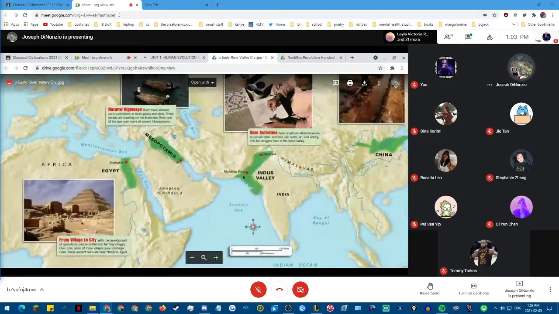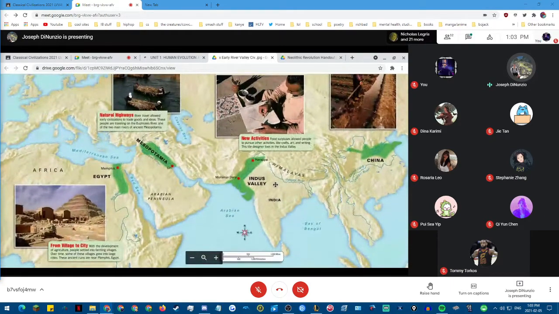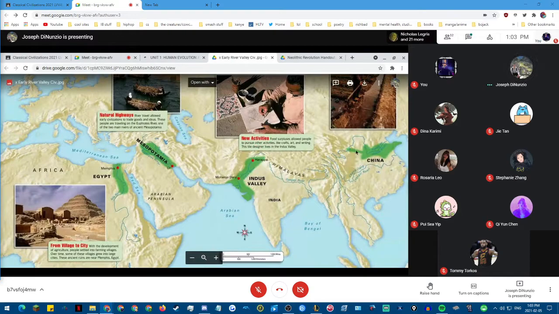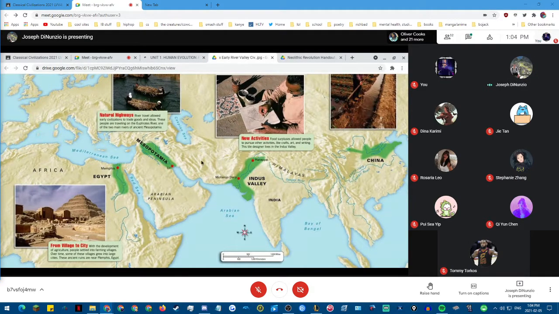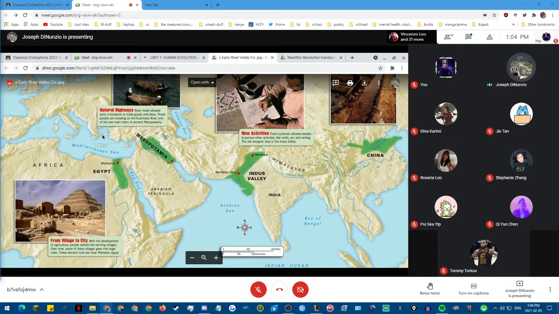These are some of the first civilizations that we see around this time, and you can see these are all river valley civilizations: in China, the Yellow River; the Indus Valley, you have the Indus River; you have Mesopotamia here, the Euphrates and the Tigris River; and of course, you have the famous Nile in Egypt. So these are our first river valley civilizations.